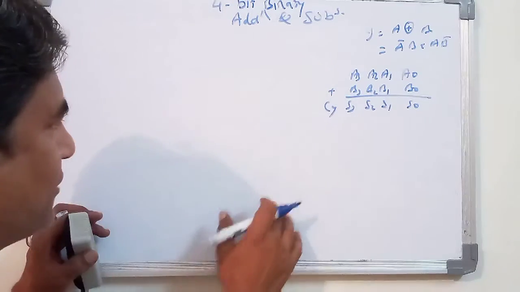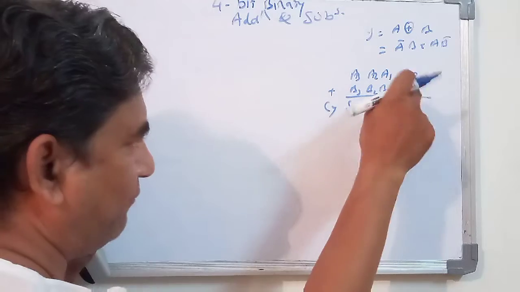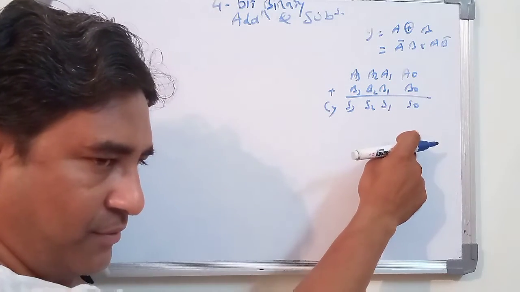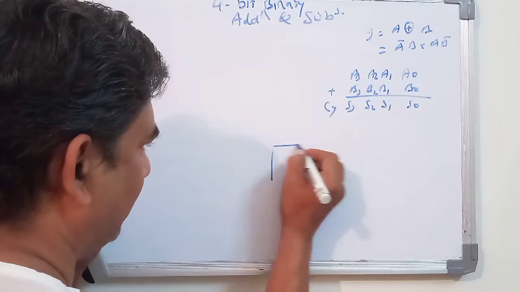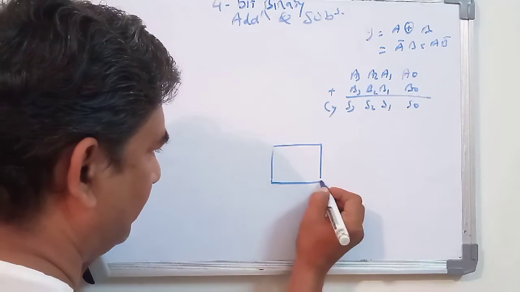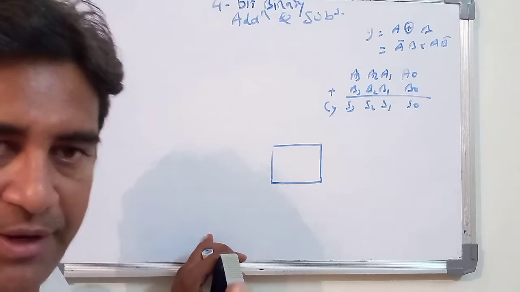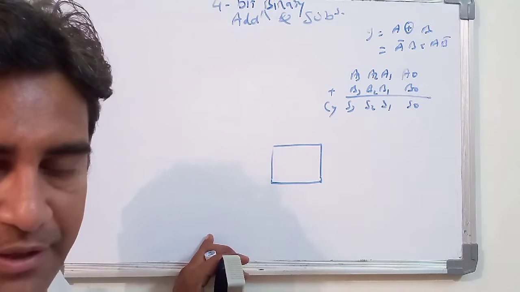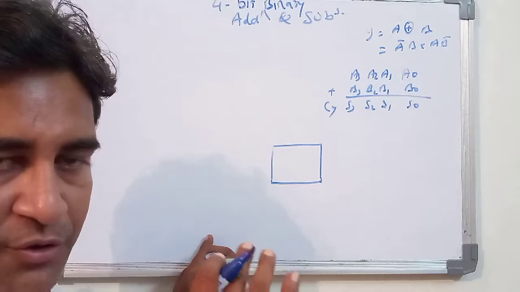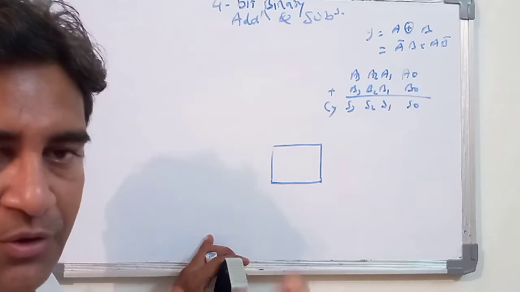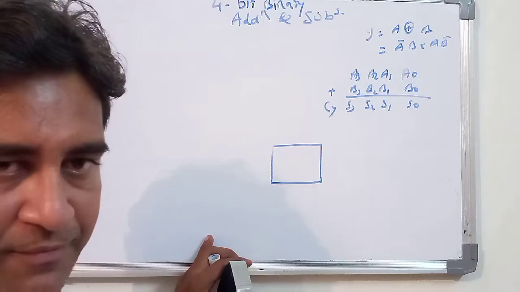Okay, so the first block, as it is a 4-bit adder, starting from the first bit itself. The first block contains variables, that is A and B. But that A and B you have to input with an XOR gate.